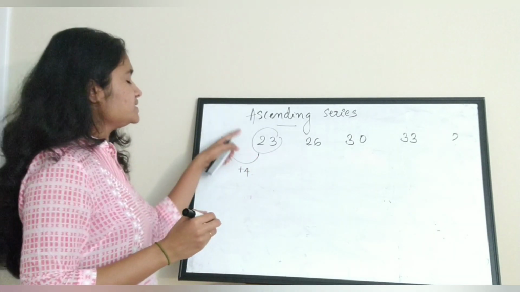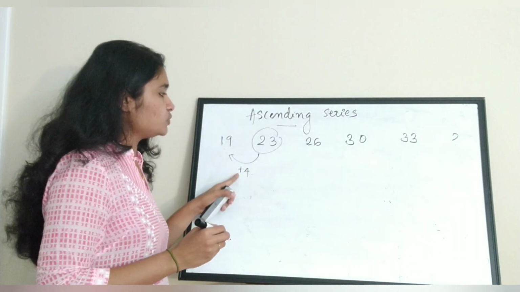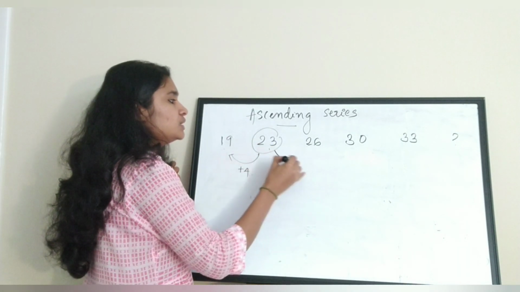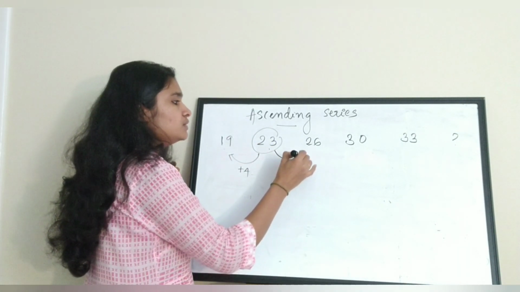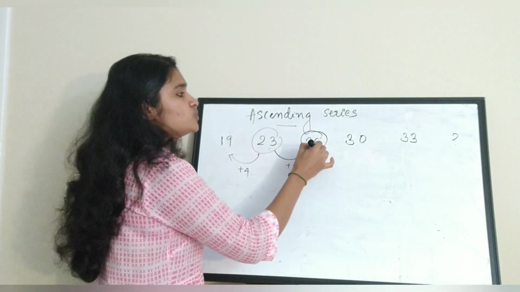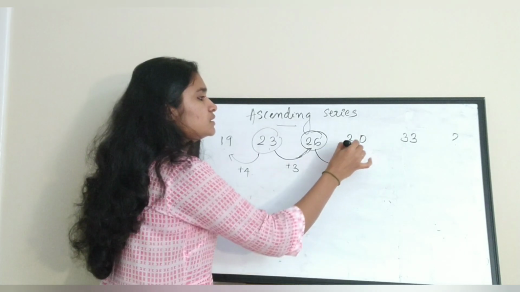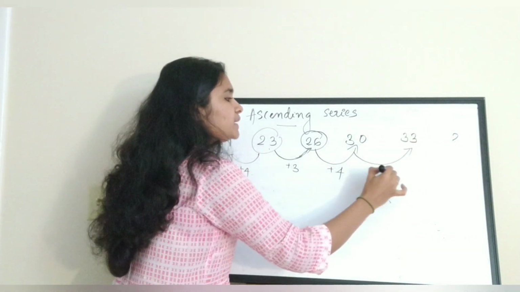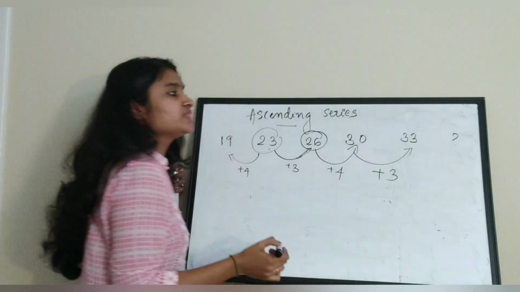So 19 is being added with 4 and 23 is formed. Now it is very clear: 23 plus 3 forms 26. Again, 26 plus 4 forms 30. 30 plus 3 forms 33, right?